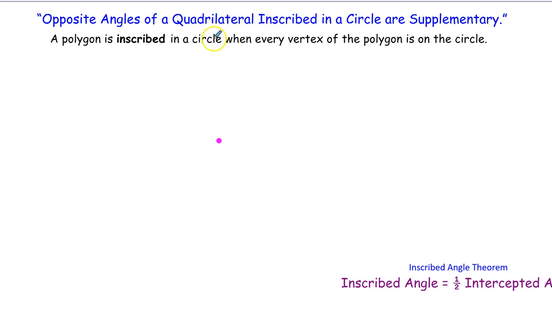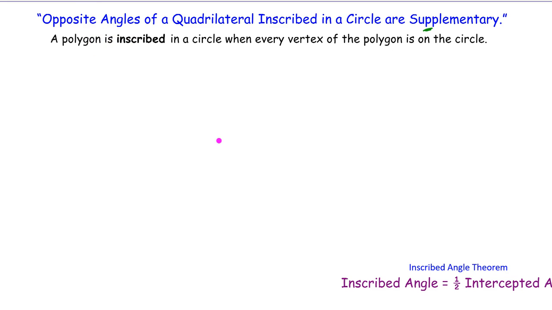So here, that the quadrilateral is inscribed in a circle means all four vertices of the quadrilateral are lying on the circle. In that case, their opposite angles are supplementary. We know that two angles are supplementary if their sum, the total of those two angles, is 180 degrees.